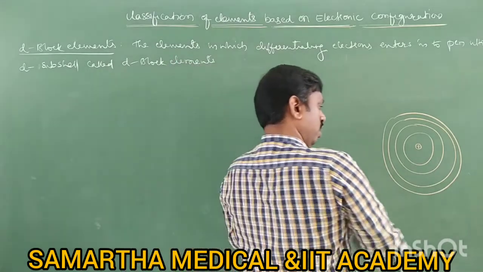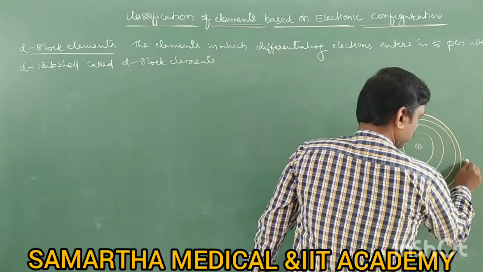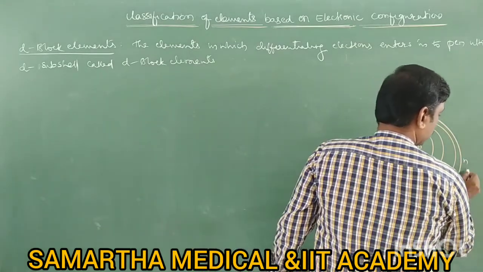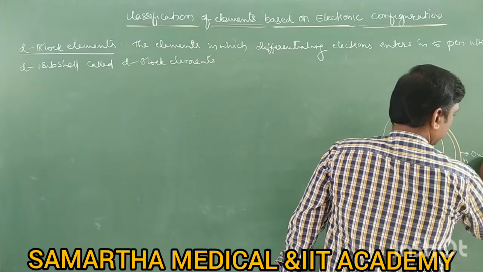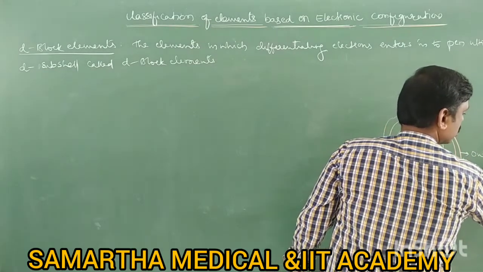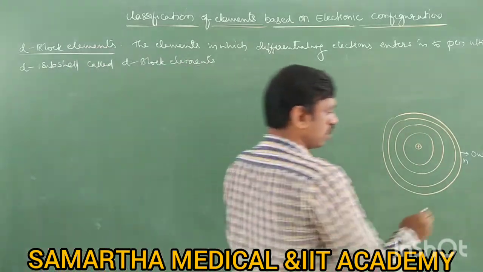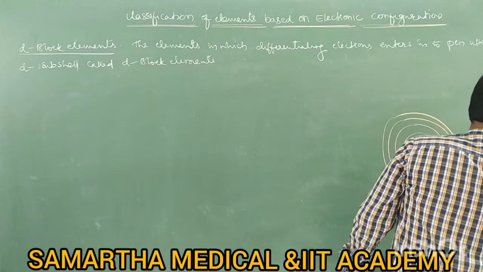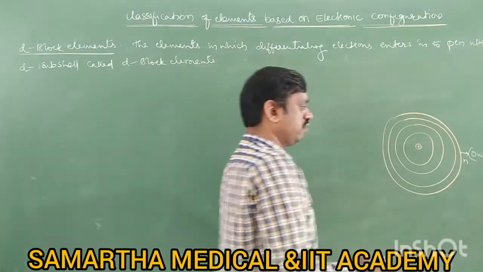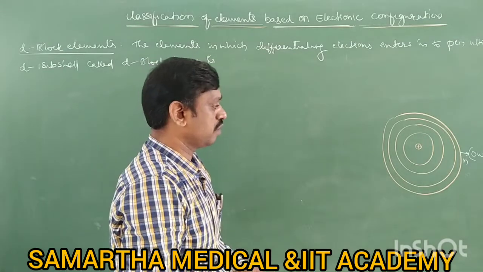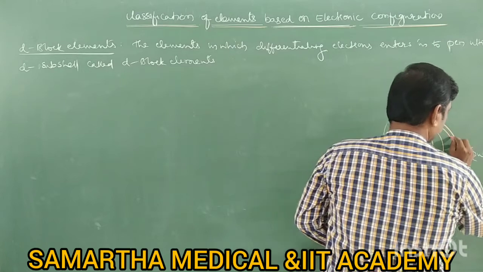In an atom, the last orbit is called the outermost orbit or outermost shell, represented by n.